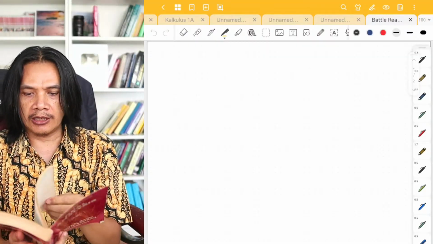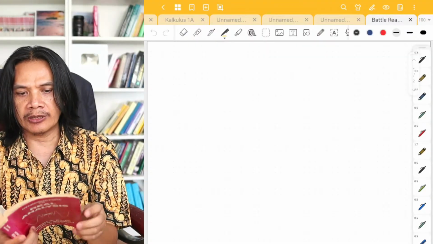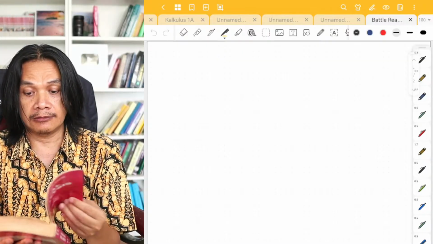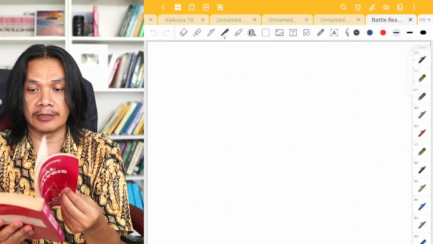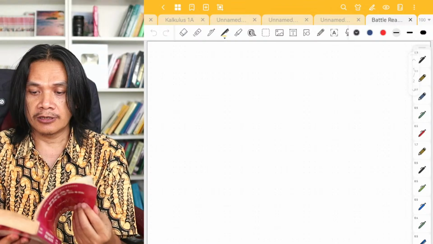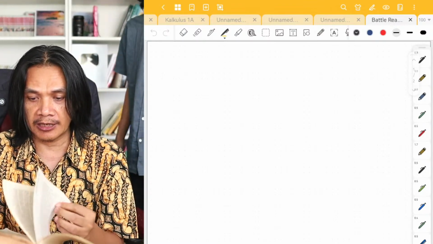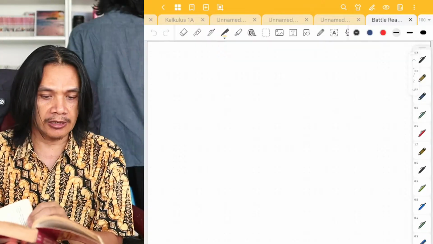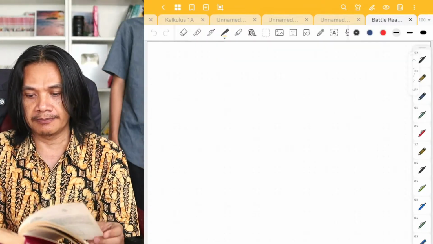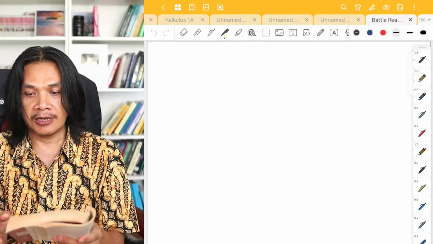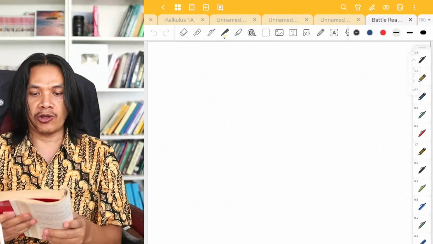But to get into the interesting part, we're going to skip some of the chapters and go straight to some inequalities, because the beginning is basically just sets and some math induction and so on.